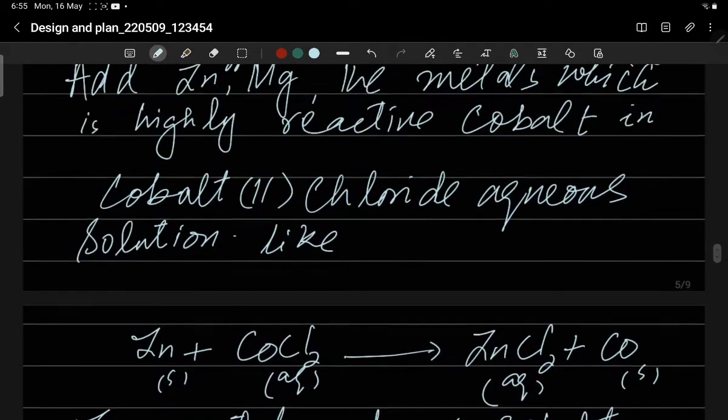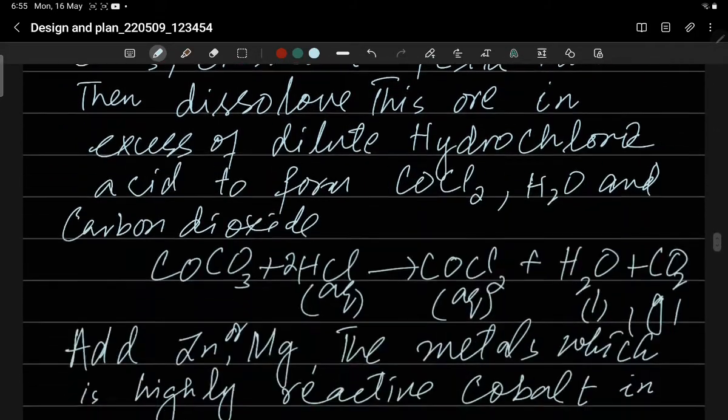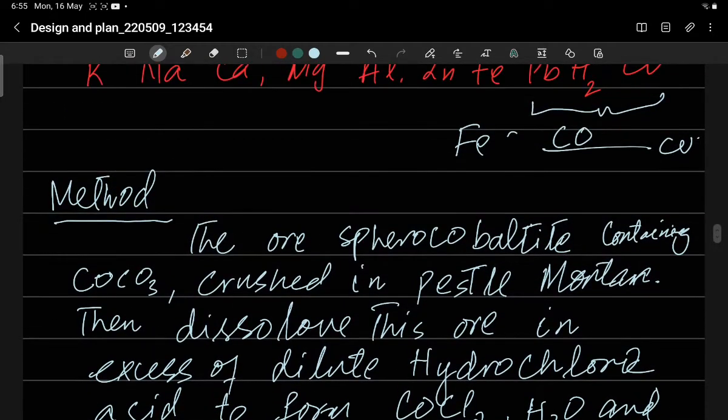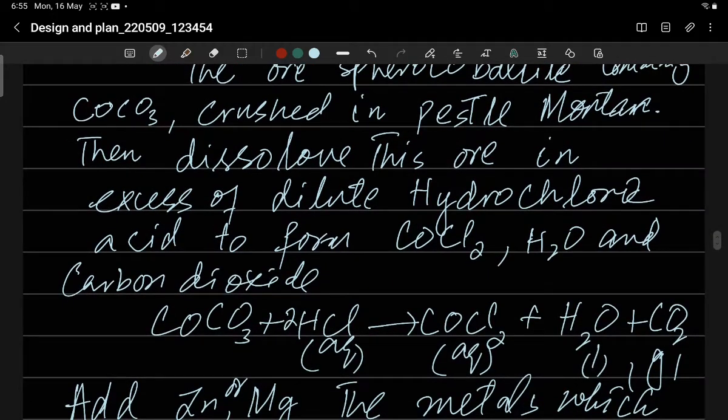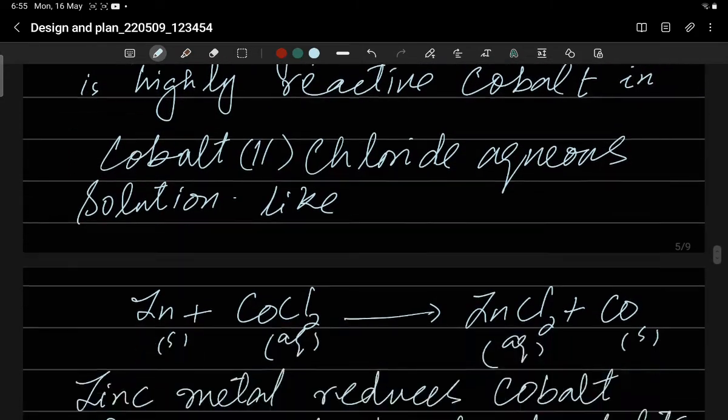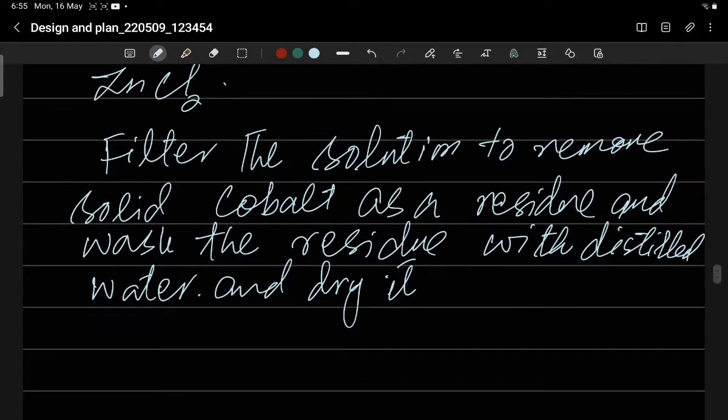So this is how to separate cobalt from the ore spherocobaltite, which contains cobalt 2 carbonate. So this is how to separate cobalt from the cobalt ore.